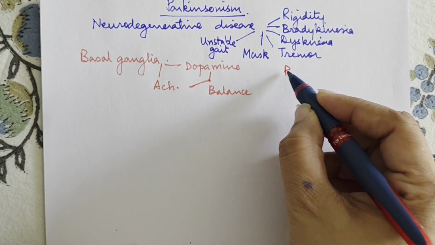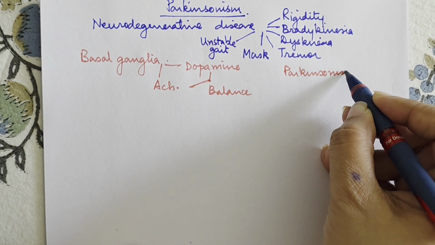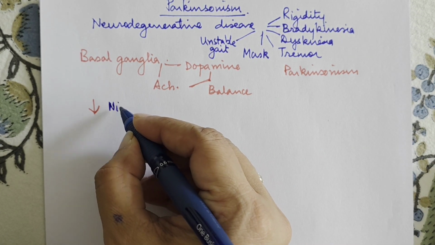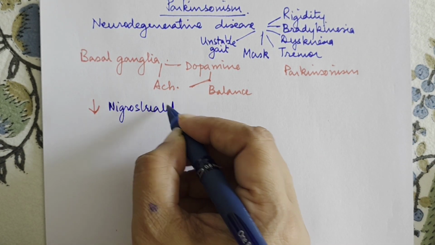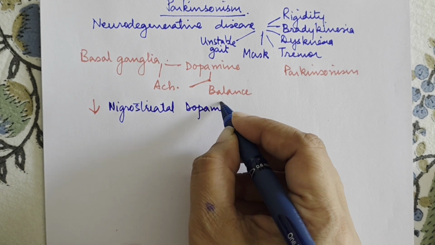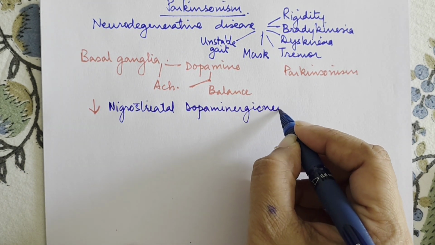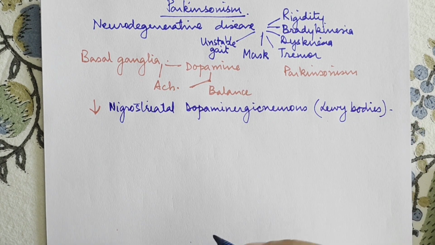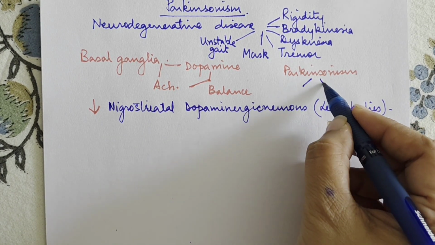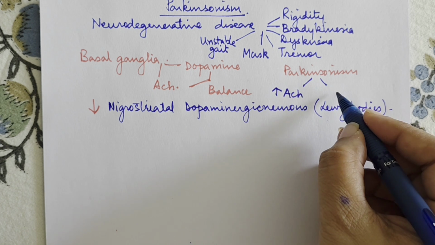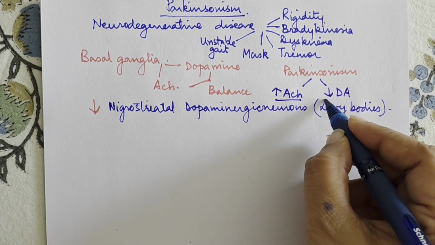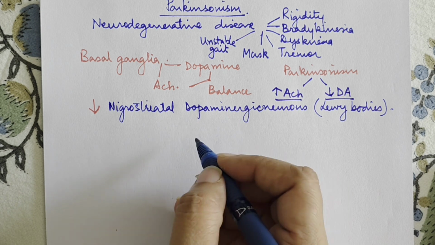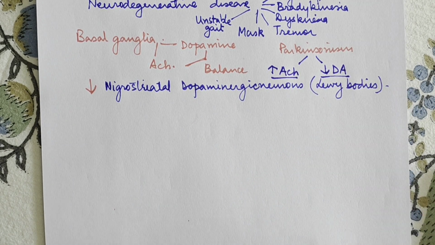In Parkinsonism, there is a decrease in nigrostriatal dopaminergic neurons in the basal ganglia, and there is appearance of Lewy bodies that you must have studied in pathology also. So as a result, there's an increased acetylcholine activity and a decrease in the dopamine activity. Now, increased acetylcholine and decreased dopamine activity results in an imbalance, right? And this imbalance causes the features of Parkinsonism that we see.